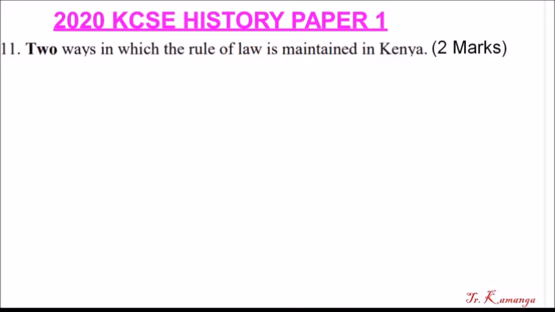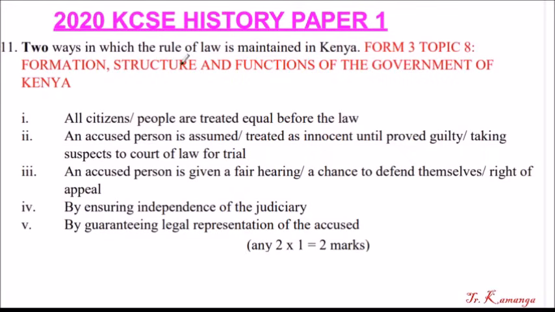Which are these 2 ways? 2 ways in which the rule of law is maintained in Kenya. This is from Form 3, Topic 8, Formation, Structure and Functions of the Government of Kenya. So we have several, 5 of them. So the first one, all citizens are treated equal before the law.